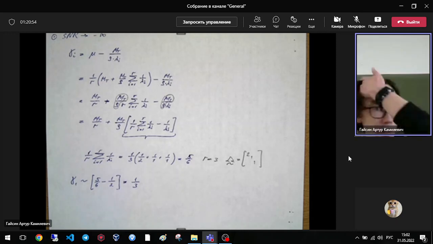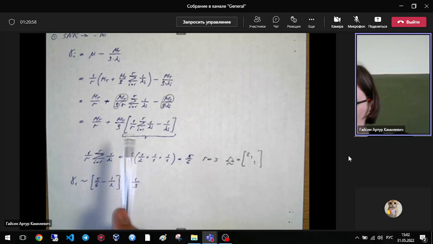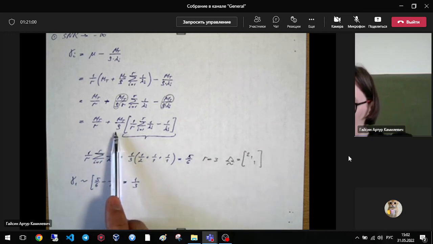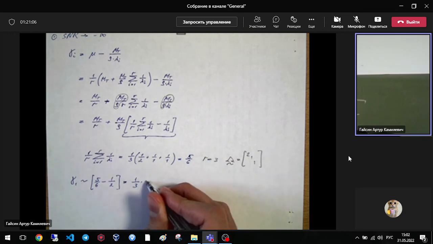If we multiply this with our signal to noise ratio, which goes to minus infinity, this thing is multiplied by infinity.